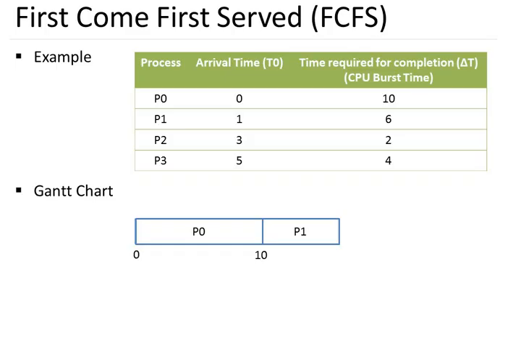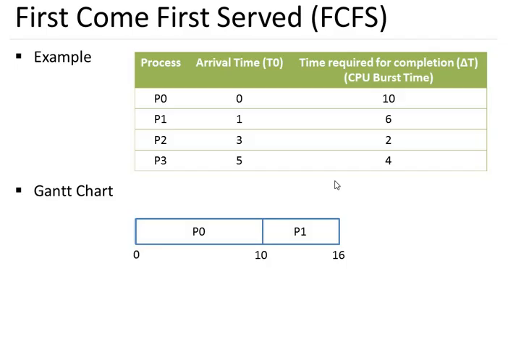So if it is following first come first serve, then after P0's execution it will select process P1, because it arrived at unit 1, which is earlier in comparison to the remaining processes. So this one will complete its execution at 16 units.